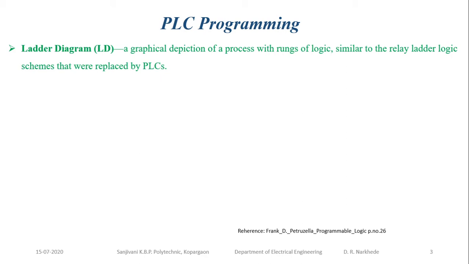And if your system or production line is modified, you need to reconnect all the relays to make the logic, and that requires months or years, and it is quite an expensive task.